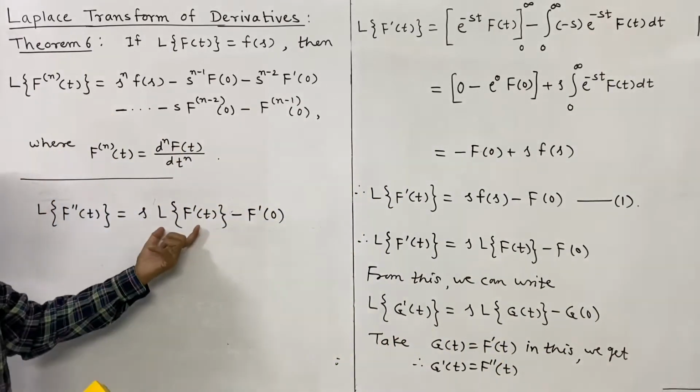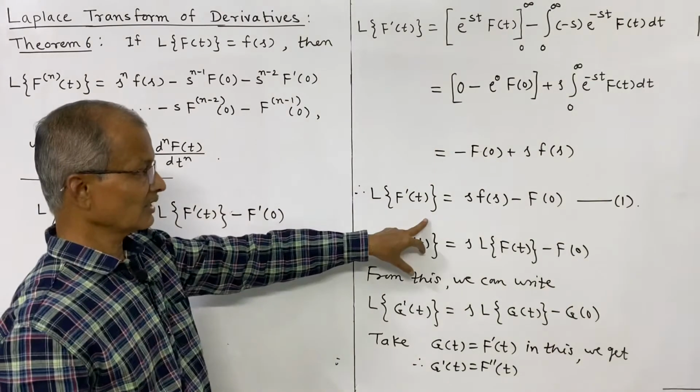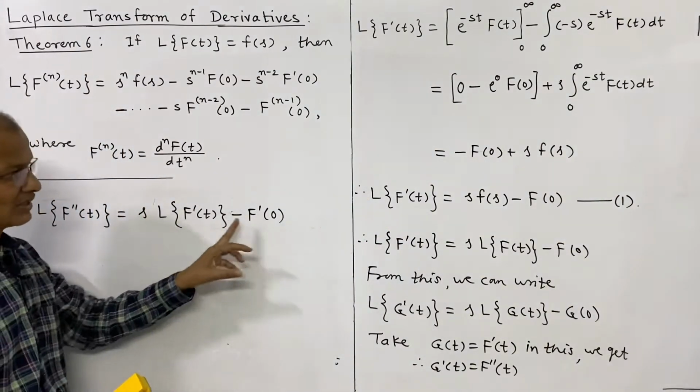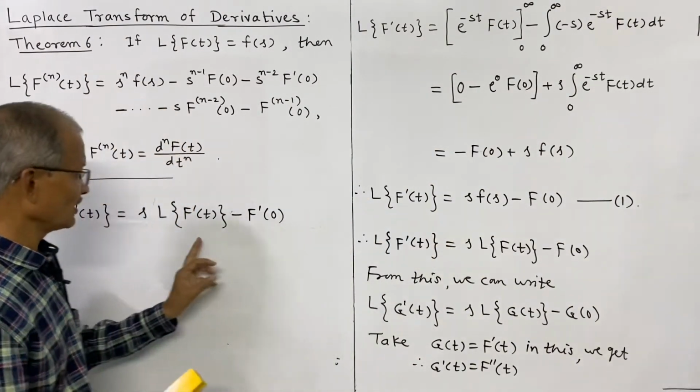Now we use the first relation, the first equation here, L of f dash t we have obtained earlier, put it here.